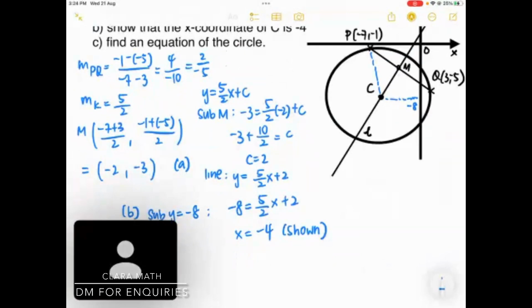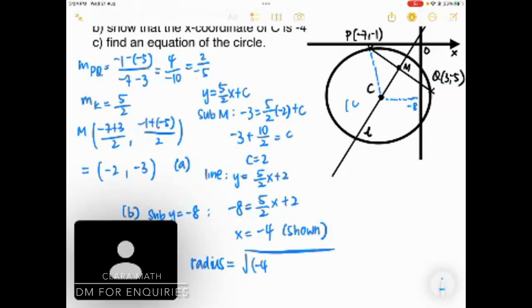So the radius is the distance formula. So square root minus 4, because the center is minus 4. Let me write here. Minus. Okay, so yeah, that's the x minus x. Oh wait, I need another bracket.